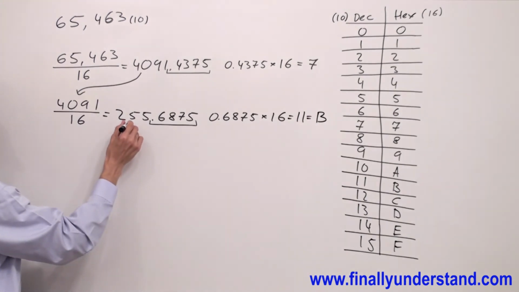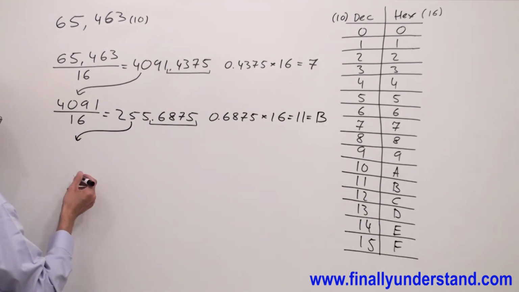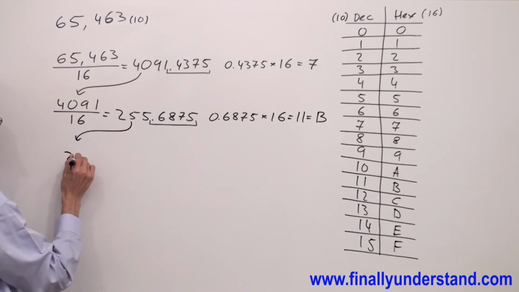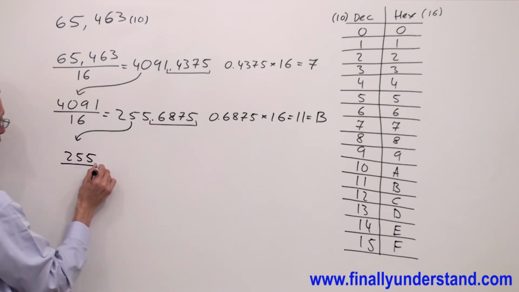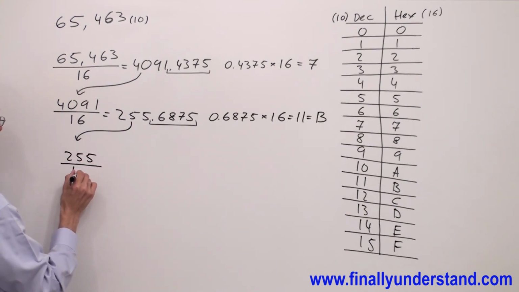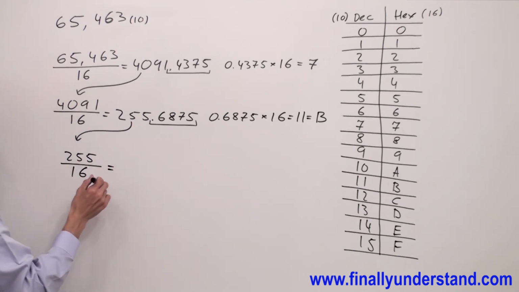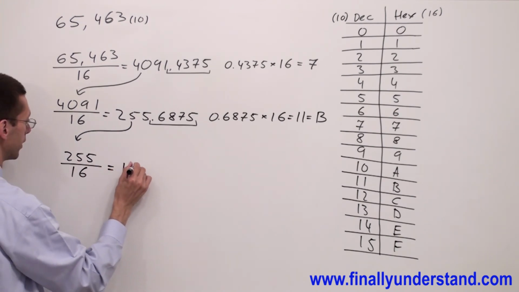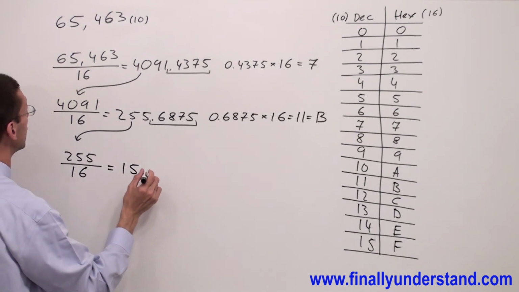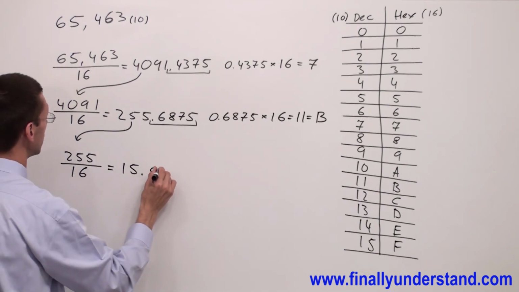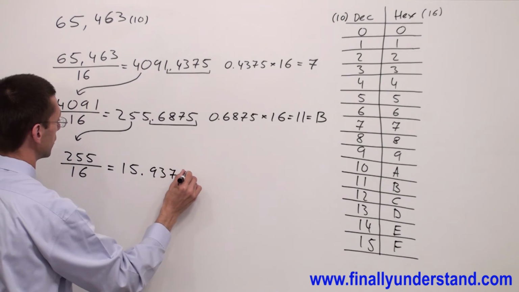Next, I'm supposed to take this whole number. I have 255, and I have to again divide by 16. 255 divided by 16 is equal to 15.9375.